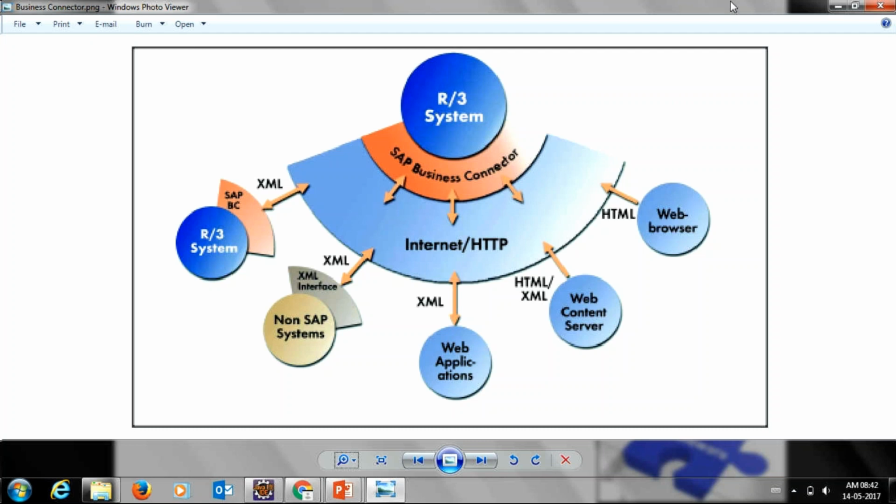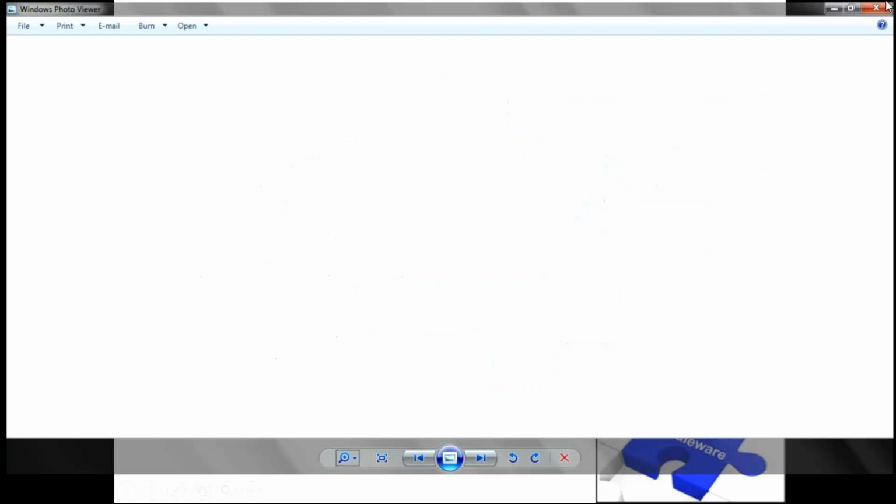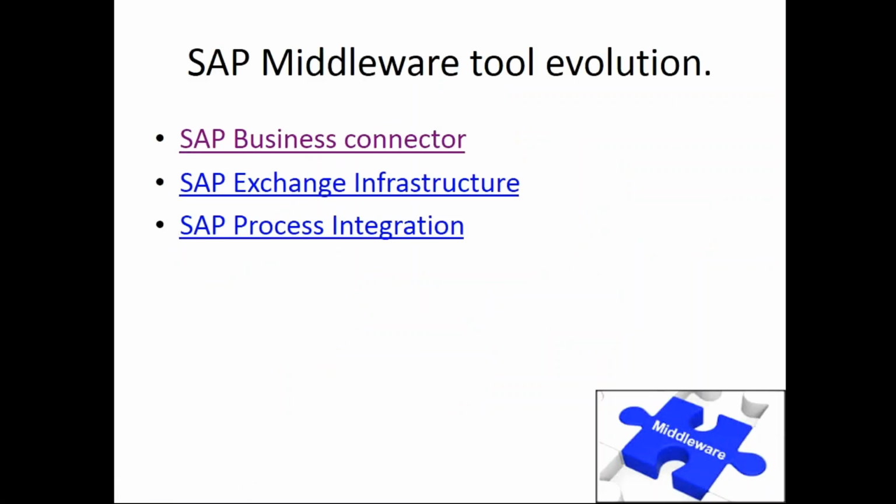But the joint venture only lasted for 4 years, and in 2000, SAP started creating its own middleware tool called SAP Message Broker. The first name it gave to the software was Message Broker, and then it upgraded the same one and gave the name SAP Exchange Infrastructure.